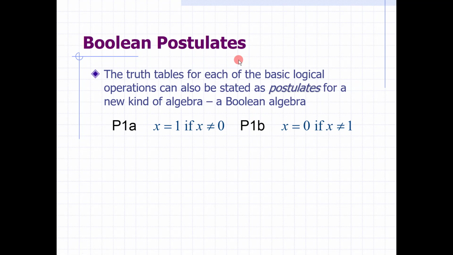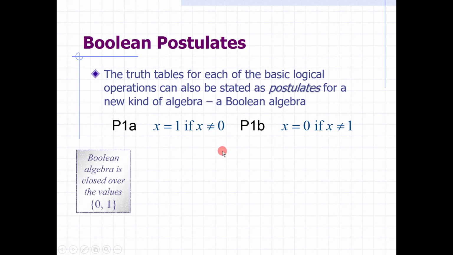We just have defined these to be this way. And then we assume that that is true, and we build all our other rules from there. An example of that is if something is x, x is 1 if it isn't a 0. In Boolean algebra, everything's a 0 or a 1, so no kidding. If it's a 0, it's not a 1. So I don't even know if we would ever need to write that fact down, but it is a fact.